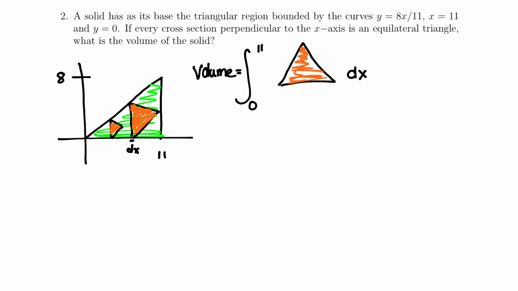See if we can't draw this sucker again. We've got a base. And then we got these equilateral triangles. It's not quite what I want, but it's kind of like a wedge.